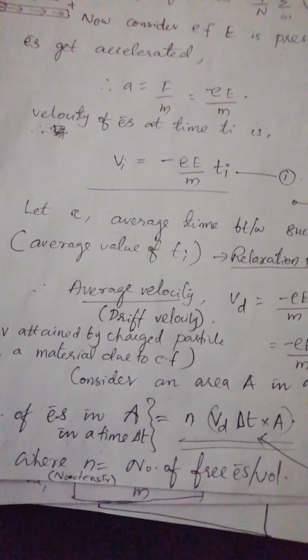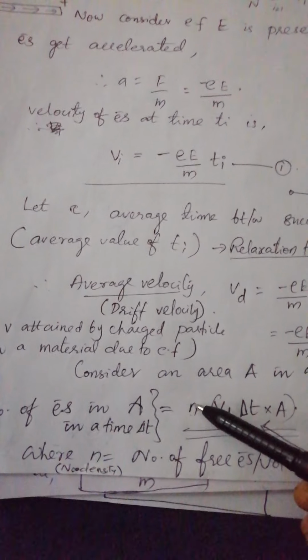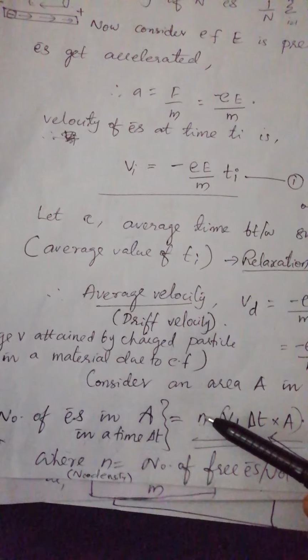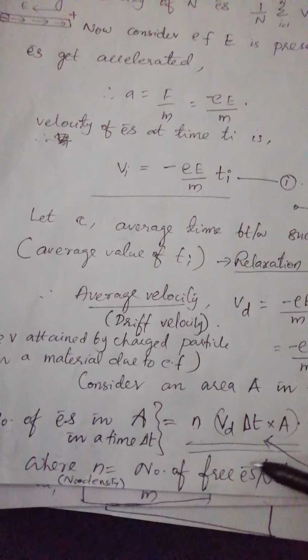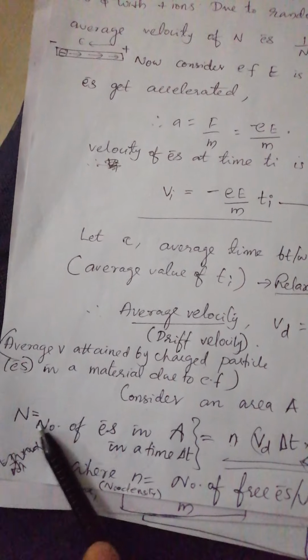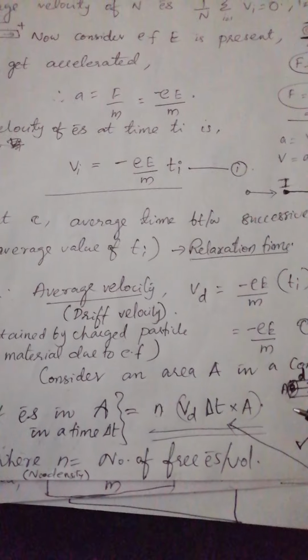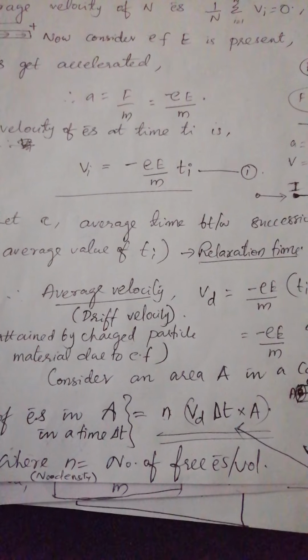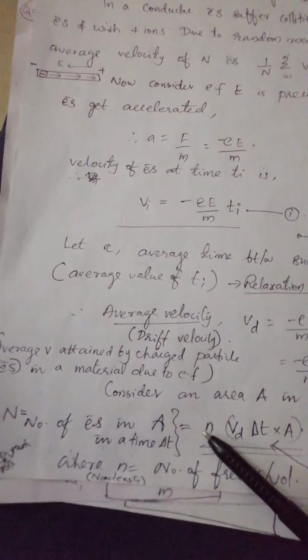How can we write this? Number density into volume, where n, the small letter n, is called number density, meaning the number of free electrons per unit volume. So the number of electrons flowing through this area in a time delta t is number density into volume.